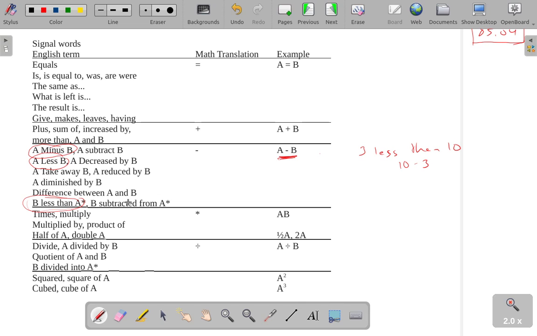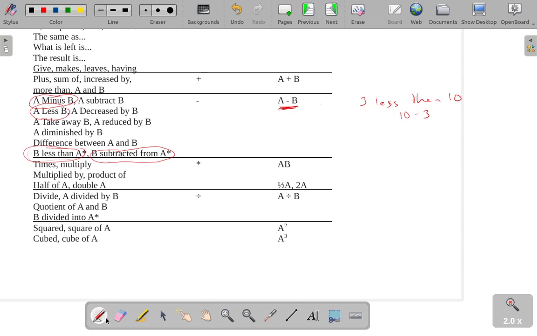We see a similar thing when you say subtracted from. If I said 3 subtracted from 10, that would also mean to swap the word order. Other than that, in general, we keep the number order the same: the first number minus the second one. It's only when you say less than or subtracted from that you swap the order. And that tends to get a lot of people.